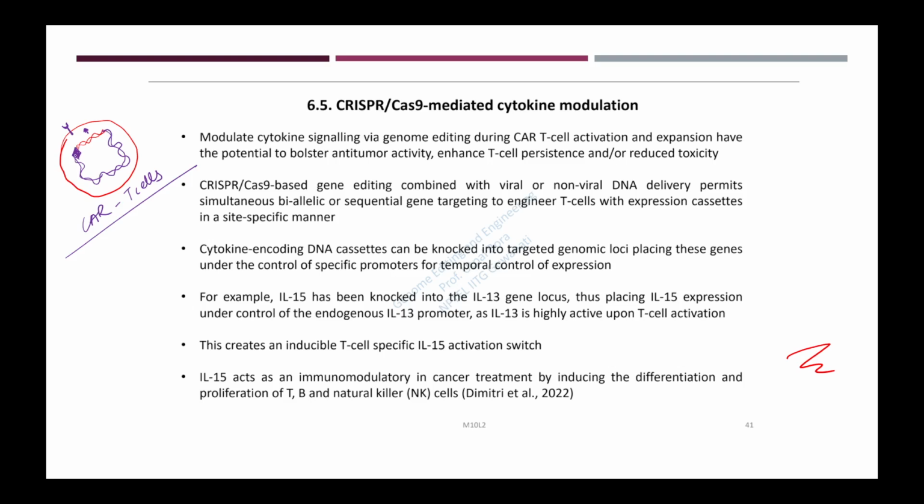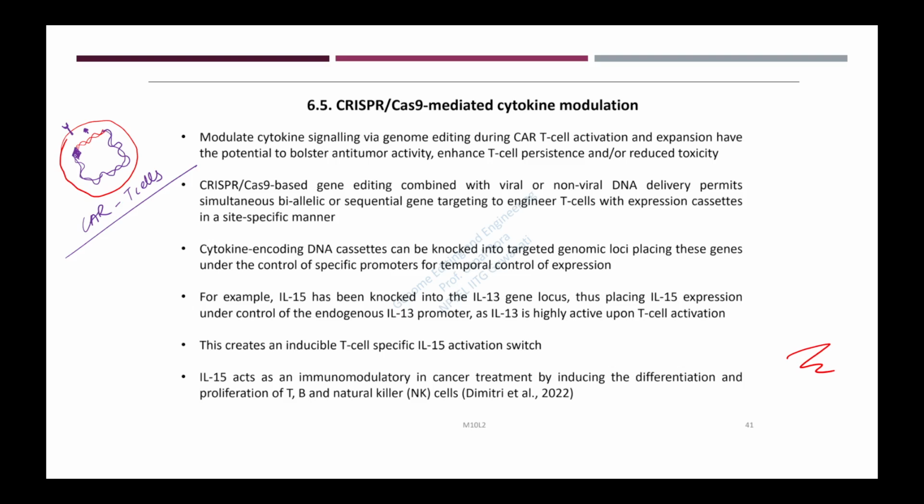So these T cells also activate the other immune cells, and those immune cells also release cytokines. So there will be a lot of cytokine release due to the presence of these highly expressed CAR T cells, and that increased production of cytokines can give anything from a mild fever to organ failure as well.